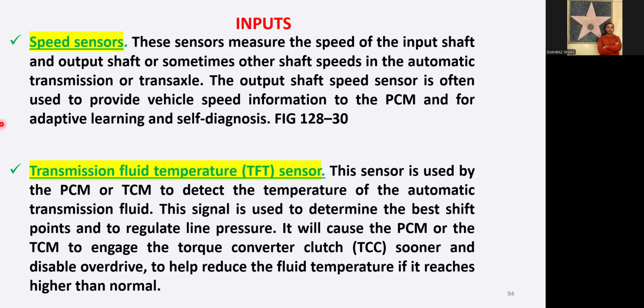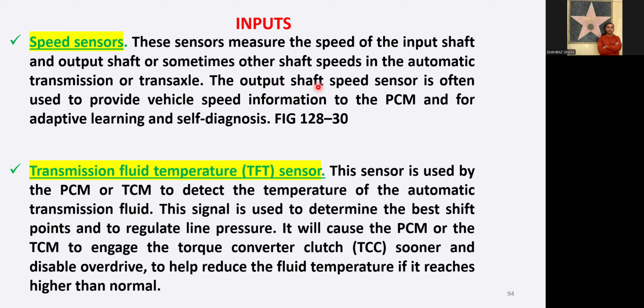Then next is the speed sensor. These sensors measure the speed of the input shaft and the output shaft, or sometimes other shafts in the automatic transmission or transaxle. As we know, there is one input shaft and one output shaft in an automatic transmission or transaxle.